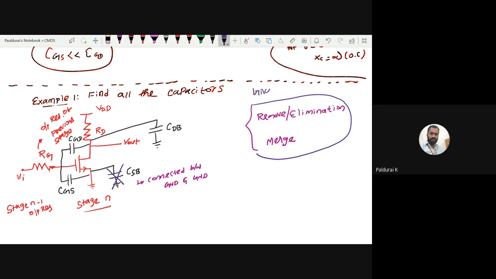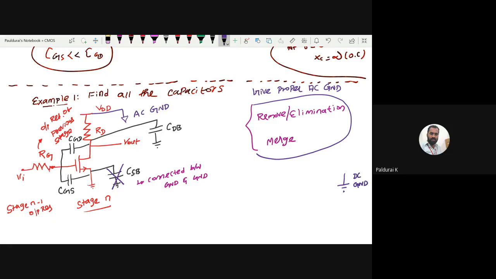Before removing or merging, you want to do one thing: give proper AC ground connection. See, this VDD must be connected to AC ground, right? Actually, the exact symbol for AC ground is this one. This is the symbol for AC ground. Actually, this is my DC ground.